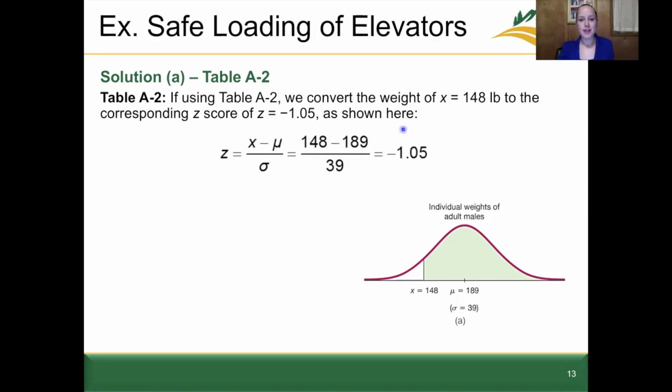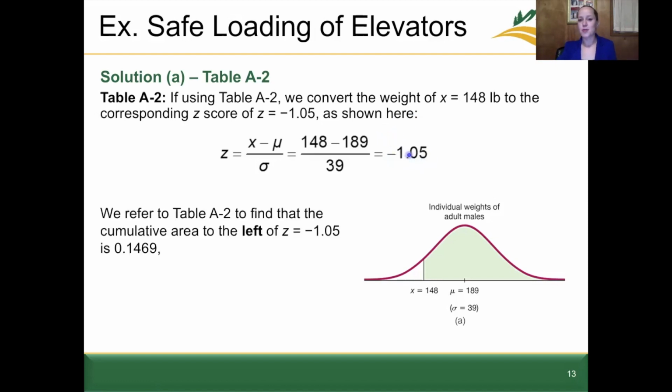So if we go to our table A2, we go to the negative Z-scores, we're going to find negative 1.0 on the left-hand column. Then for the hundredths place, it's a value of 5. So negative 1.05 for a Z-score. When we go to the table, we find that area corresponds to a value of 0.1469. We need to remember that both Excel and table A2 always give us that cumulative area from the left.